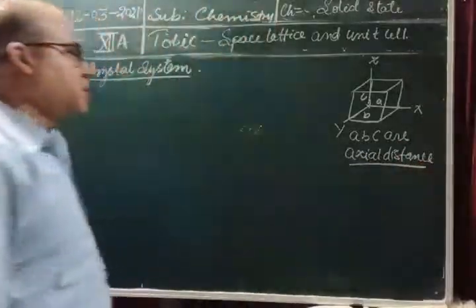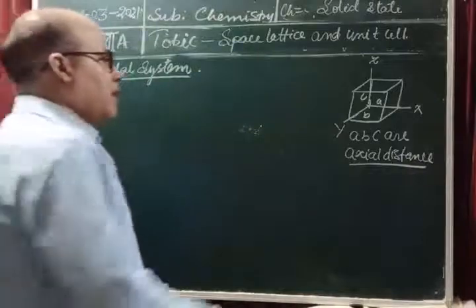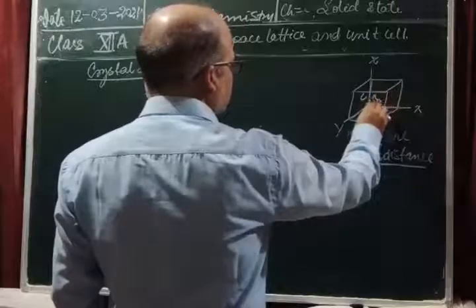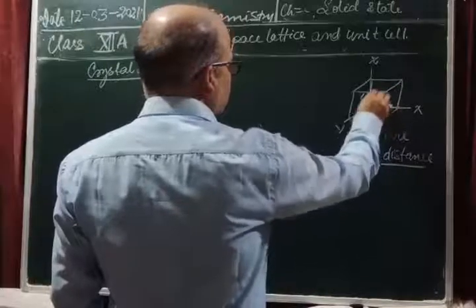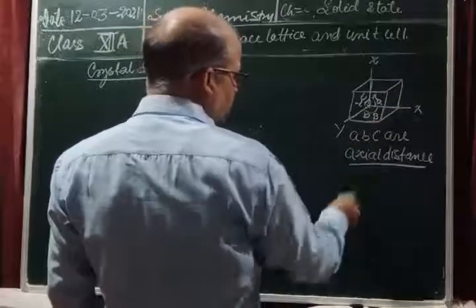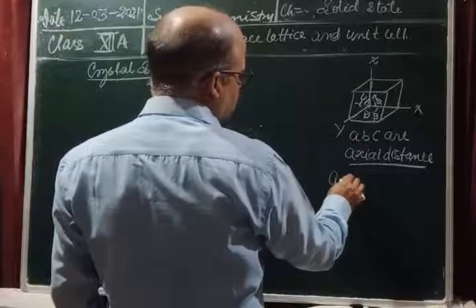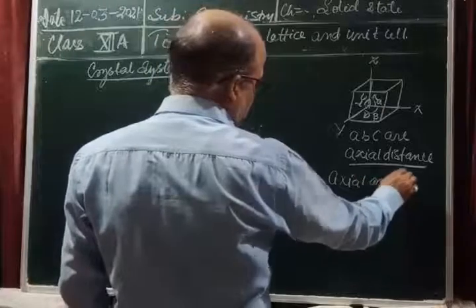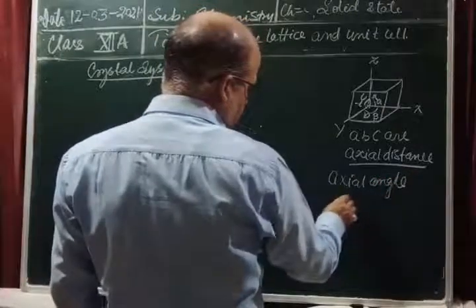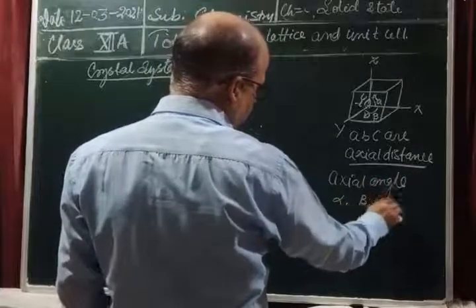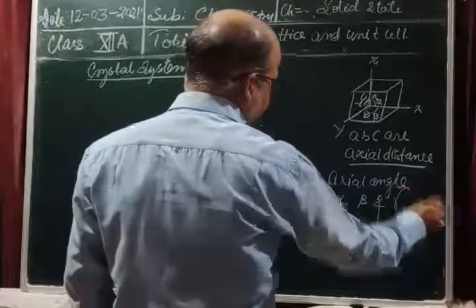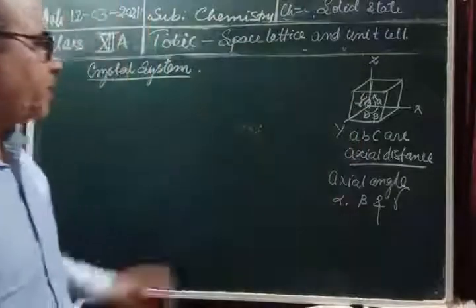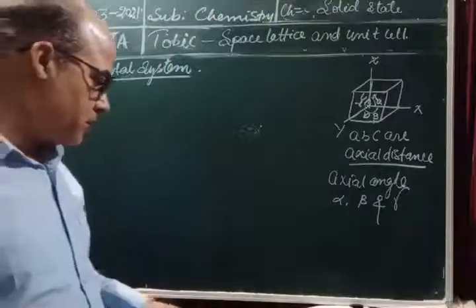And the angles between two axes like alpha, beta and gamma are the axial angles. On these parameters there are different types of crystal system.